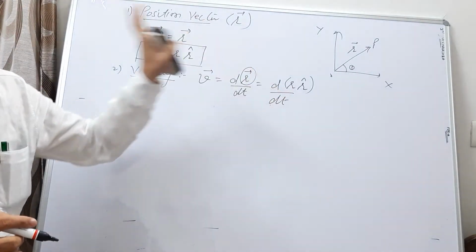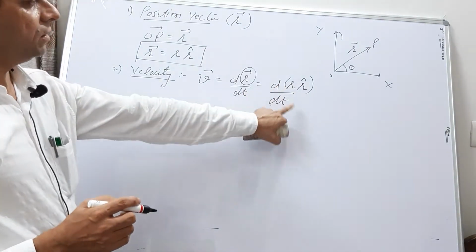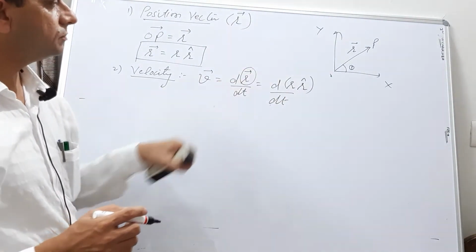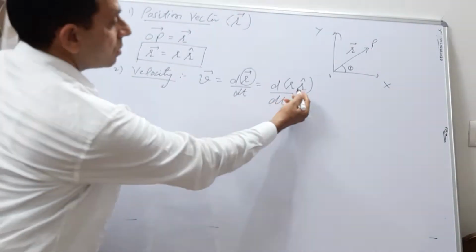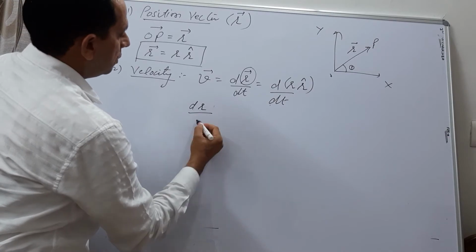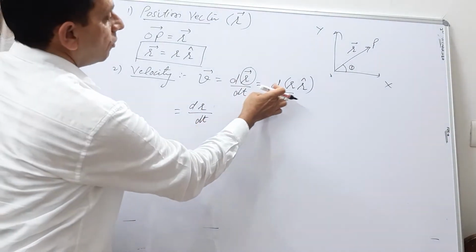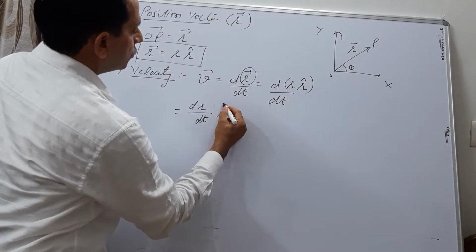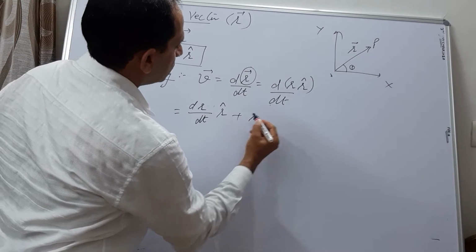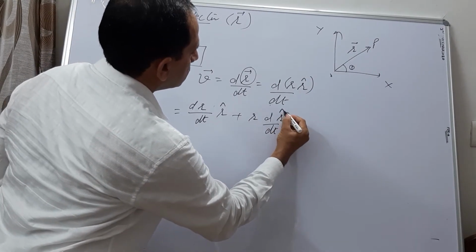So, we get this result. Now, taking the derivative of two variables, as you know, the formula is the derivative of the first quantity into the second as it is, plus the first as it is into the derivative of the second quantity.